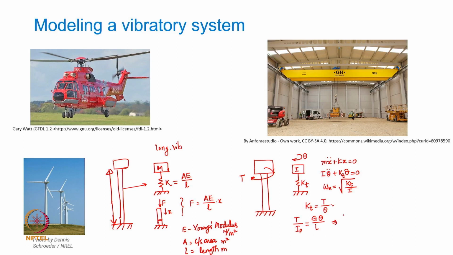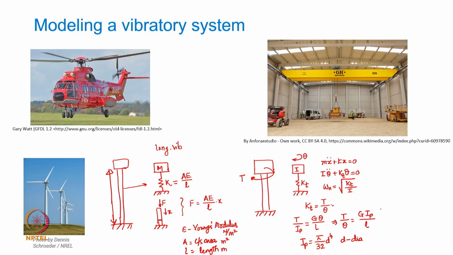So, from this relation I can have the kT value, which is going to be T by theta, rearranged to G Ip over L, and we know that for a circular cross section Ip is pi over 32 d to the power 4, where d is the diameter of the rod, in this case the column.